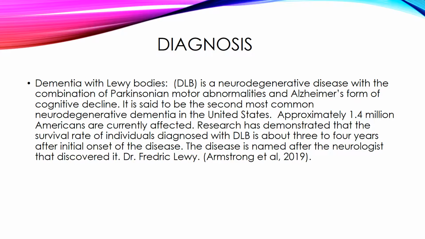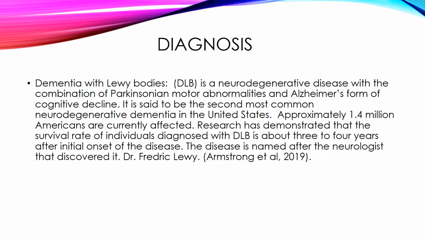After thorough review of the history of present illness and assessment, the diagnosis will be dementia with Lewy bodies. Dementia with Lewy bodies is a neurodegenerative disease with a combination of Parkinsonian motor abnormalities and Alzheimer's form of decline.